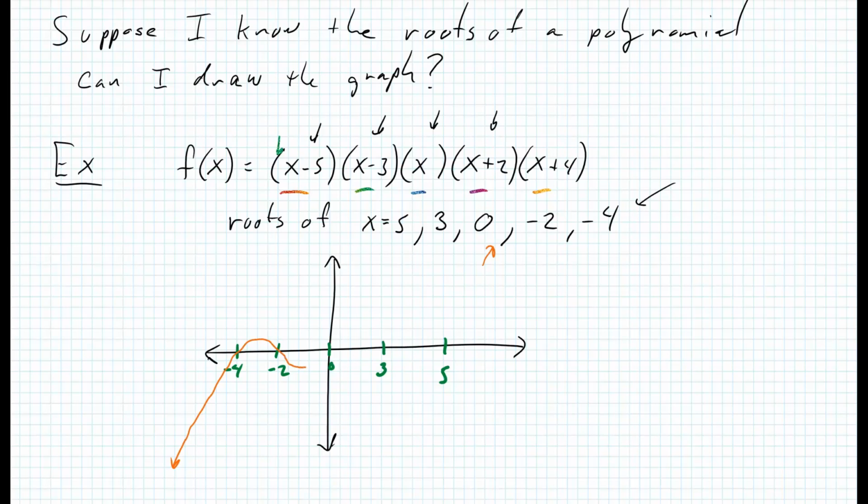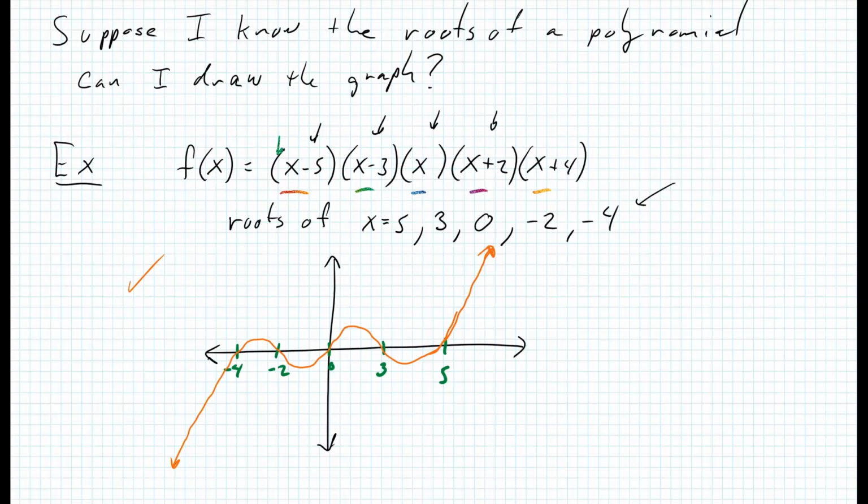It's going to cross there. Going to cross there. Going to cross there. And it's going to cross. I kind of missed my mark, but you get the idea. It's going to cross there. Notice, if I know the roots of the polynomial and the degree, I can sketch a graph faster than I can type it into Desmos. I'm a lousy typist, but maybe it's faster than you can as well.